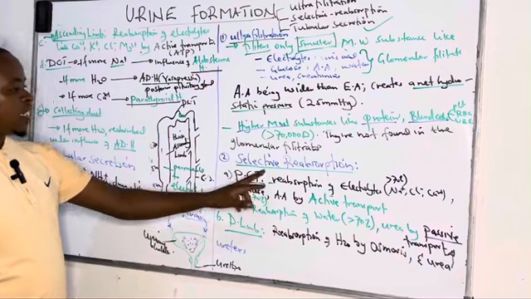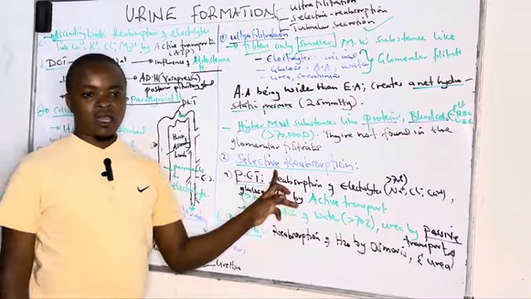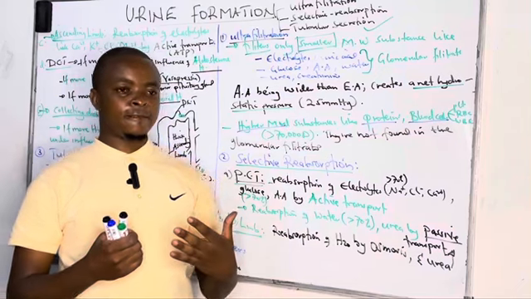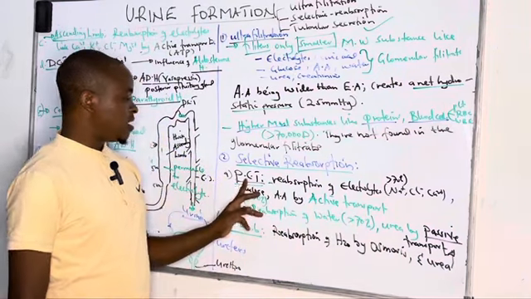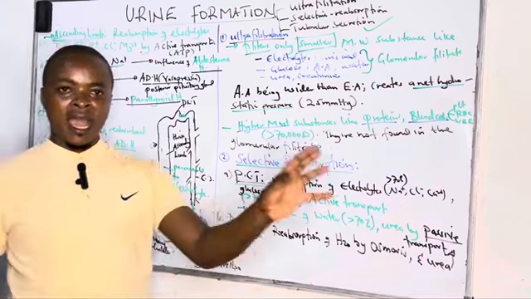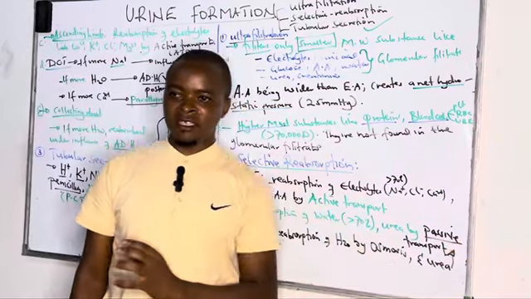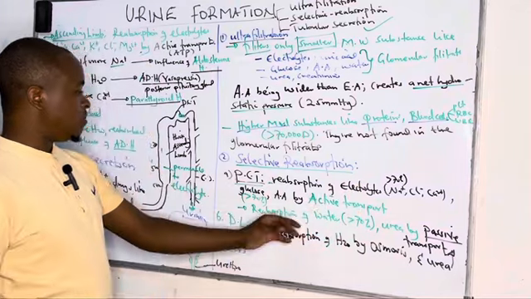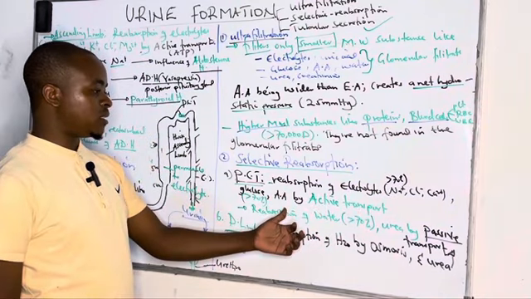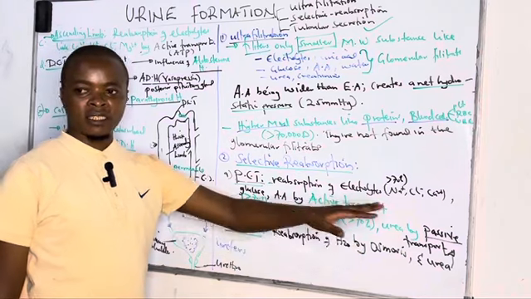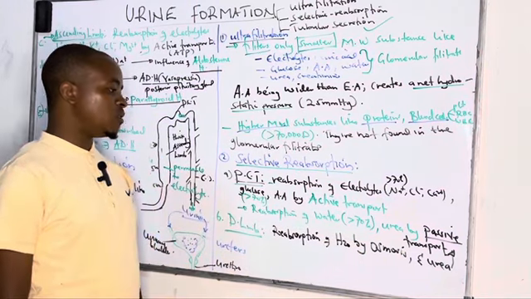Then we have seen selective reabsorption, because substances are reabsorbed according to the body's need. Whenever you discuss reabsorption, tell whether it is active or passive transport. Electrolytes, glucose, and amino acids are reabsorbed actively. Water is reabsorbed by osmosis, and urea by passive transport because it is small in size.